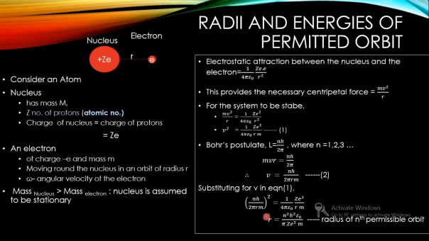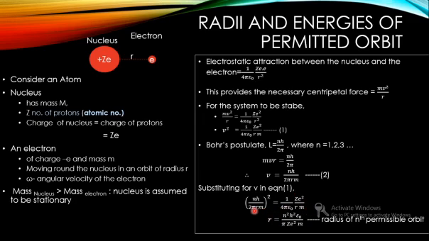r is equal to n square h square divided by, and r will be taken to this side. So 2 square is 4, which is cancelled. One of the pi is cancelled, pi square and pi. Then r is taken to the right hand side, then n square and m is there.